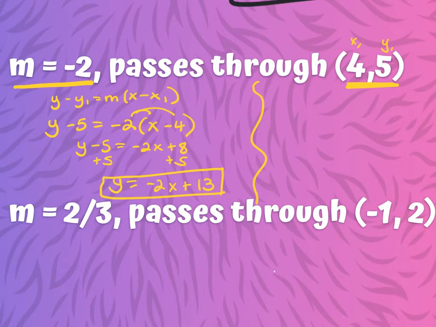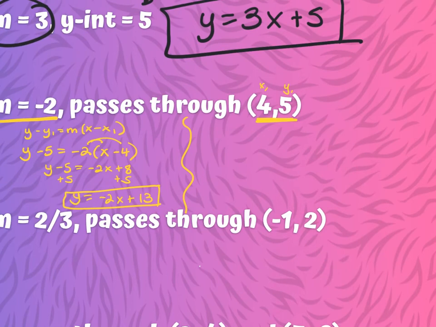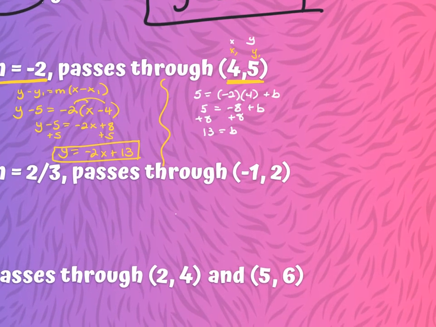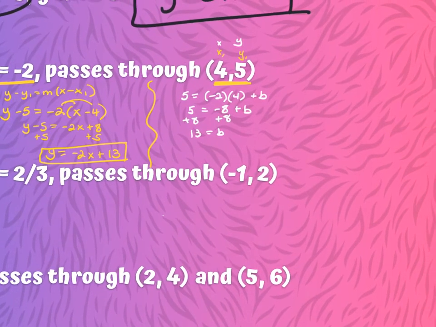The other option is to now use this as x and y in my slope-intercept form. So if y equals mx plus b, I would get 5 equals m is -2, x is 4 plus b. 5 would equal -8 plus b, add the 8, b is 13. Then I take and plug back in the m and the b.